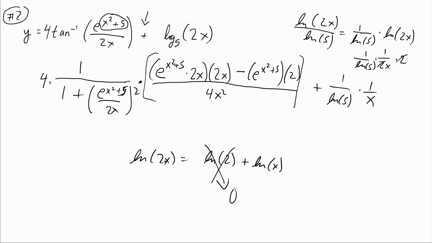So when we take the derivative of natural log of 2x, we can think of it as natural log of 2 plus natural log of x. This part will go to 0, and this part will go to 1 over x. So the derivative of natural log of 2x was simply 1 over x, multiplied by the constant 1 over natural log of 5.